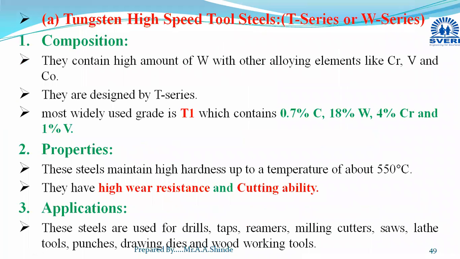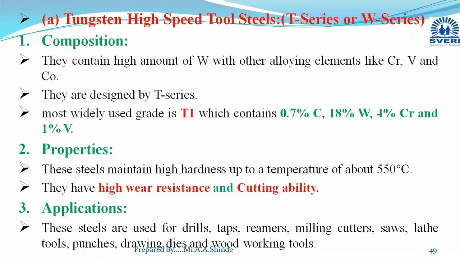Okay, tungsten type high speed tool steels contain a high amount of tungsten with other alloying elements like chromium, vanadium, or cobalt. These are designated by T series or W series.